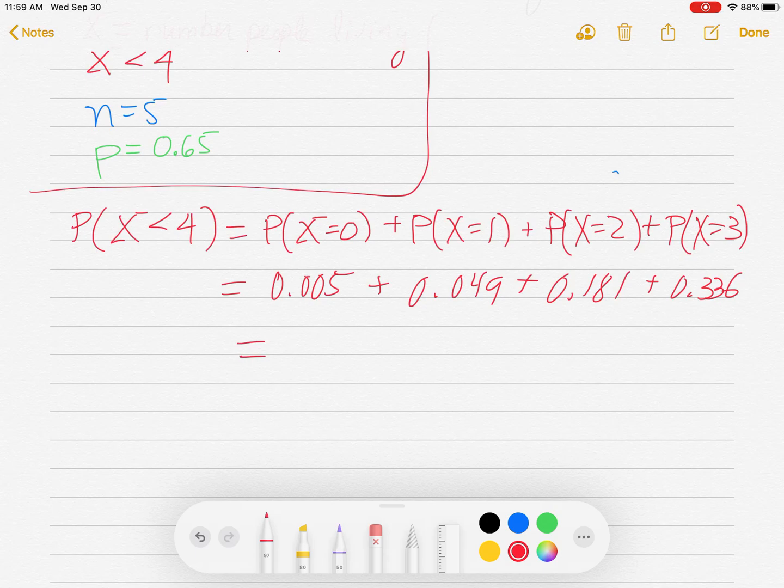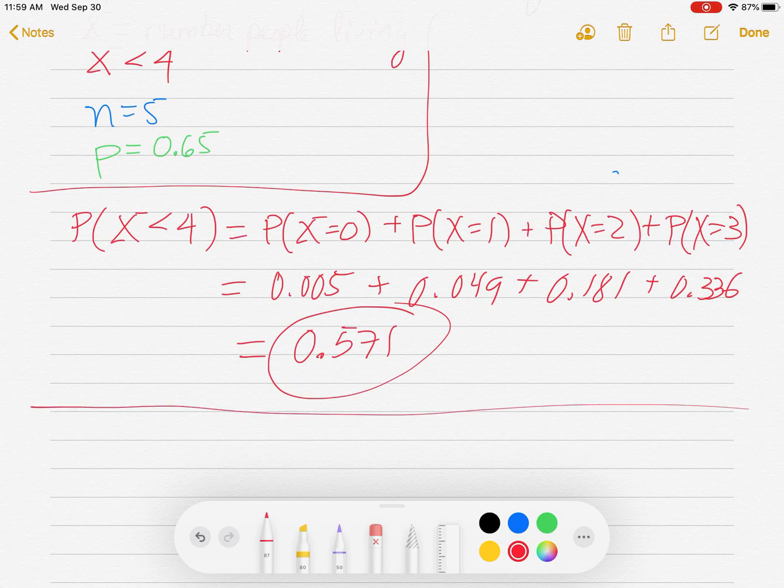All we have to do is add those 4 probabilities together to get the total probability for less than 4 people being alive. 0.005 plus 0.049 plus 0.181 plus 0.336 is 0.571. So in terms of a percentage, that would be around 57.1%, right? A 57.1% chance that less than 4 people will be alive after 30 years from this group of 5 individuals.